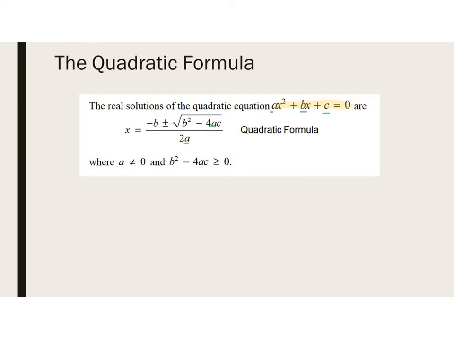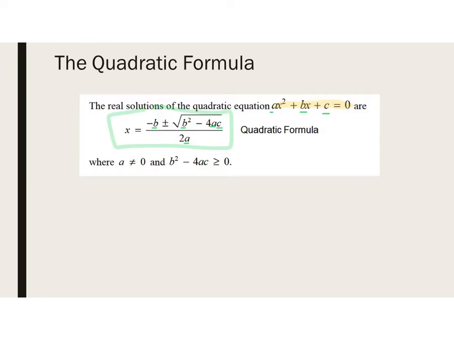A goes in both of those places, b goes in both of those places, and then your c goes there. You plug them in to this formula, and then you simplify it. It takes just a couple steps to actually simplify. You simplify it down, and then that's your answers.